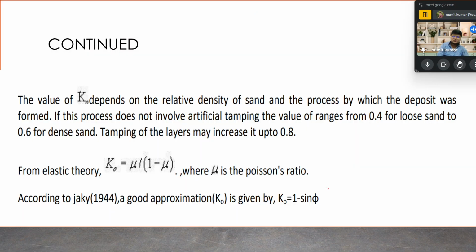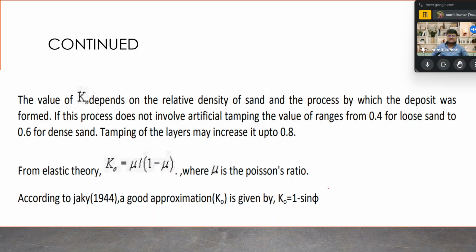Now we talk about K naught, and we already know that the value of K naught depends on the relative density of sand and the process by which the deposit was formed. If the process does not involve artificial tamping, the value ranges from 0.4 for loose sand to 0.6 for dense sand.